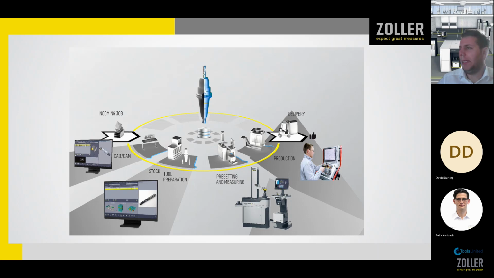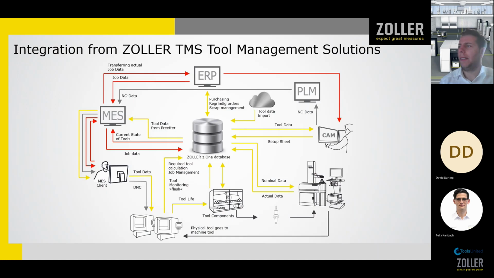Now you can say, well, we have this under control, but when you really look at the big picture, and it's kind of a messy representation, tool data is utilized across your company more or less in every department. We need information, we need interfaces to ERP systems, PLM systems, MES systems.